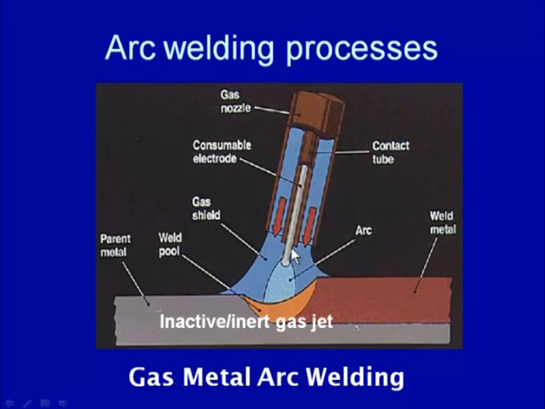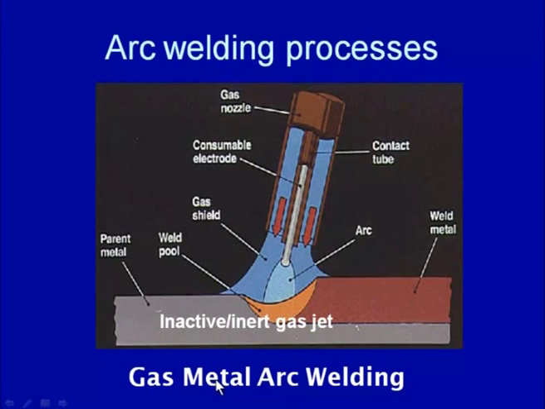That is why the weld joints produced by gas metal arc welding, in respect of inclusions and porosity, are not as sound as those produced by gas tungsten arc welding. So the quality of weld joints produced by gas tungsten arc welding is better, because the larger arc length and the consumable electrode decrease the effectiveness of gas metal arc welding despite the jet of shielding gas all around the arc.